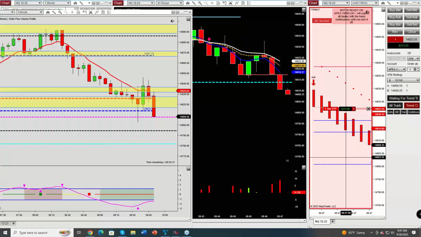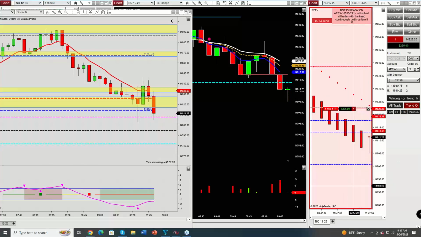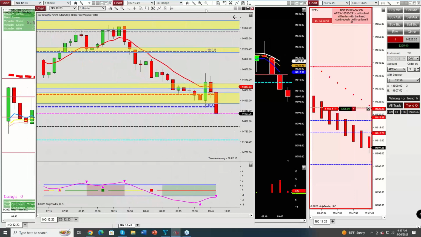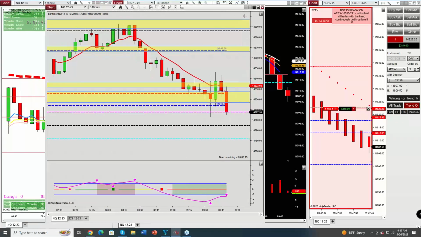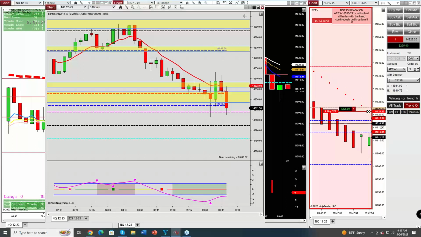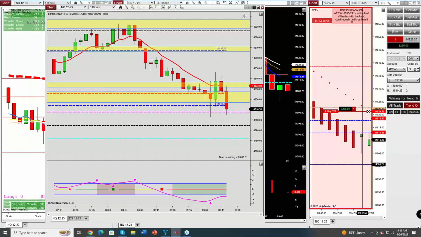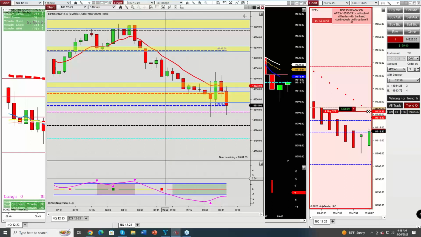Here's a breakdown. $96, $97, holding weekly support.